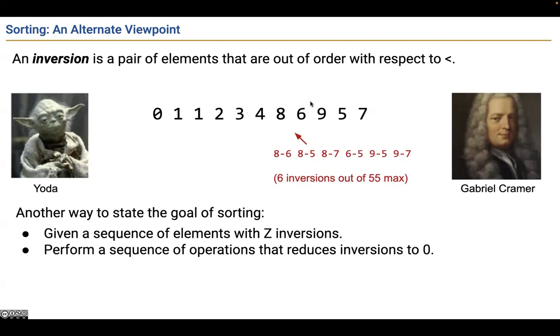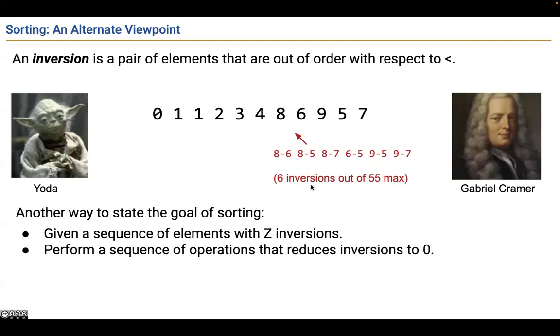If I list out all of the pairs, there are 55 of them, and it turns out in this particular array, 6 of them are inversions. That is, they are out of order. So for example, we saw 8 and 5. That's an inversion because the 8 should not come before the 5. But out of 55 possible, there are only 6. And that somehow captures the notion that this array is pretty close, but not all the way there.